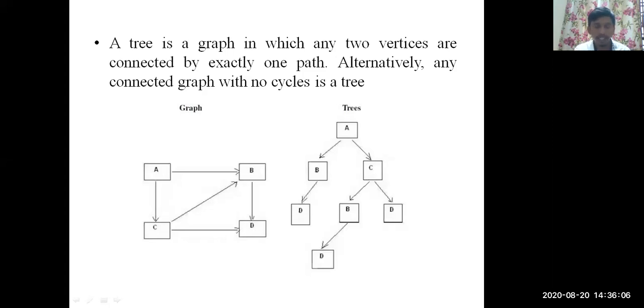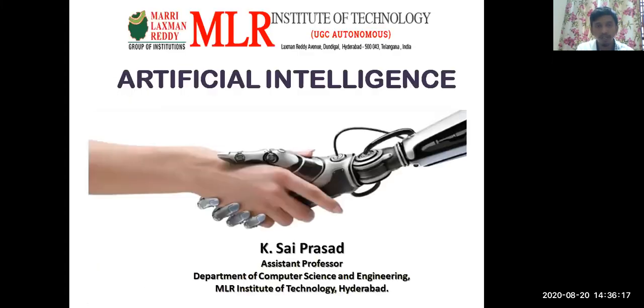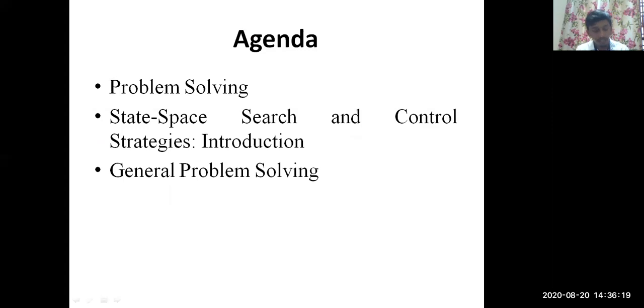You'll understand the structure: what a node is, what vertices are, what edges are. These are the basic things you need to recall. This is the first agenda for today's session, that is, what problem solving is. With respect to this, I would like to give you some predefined examples.